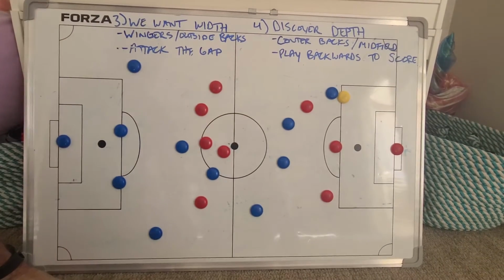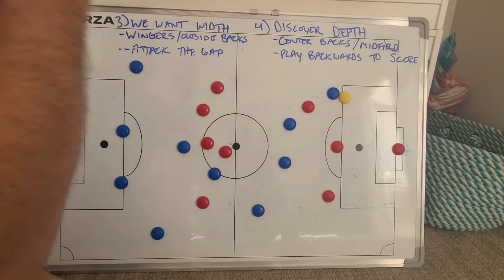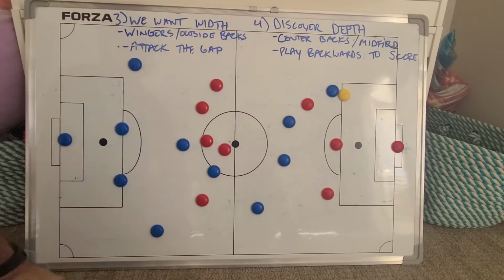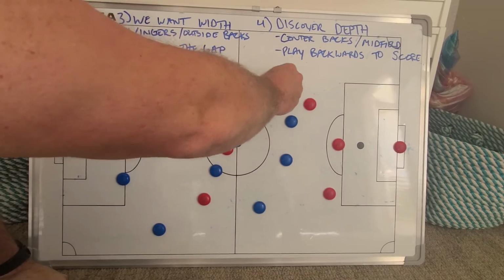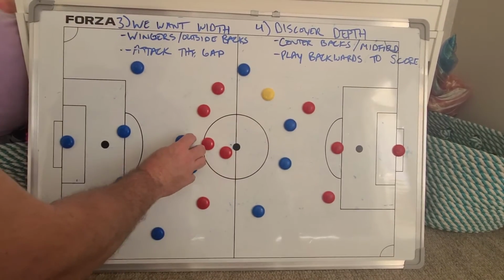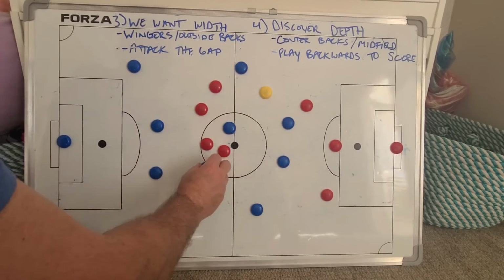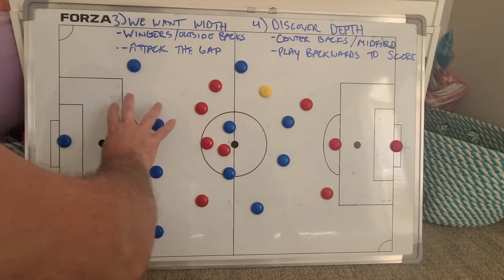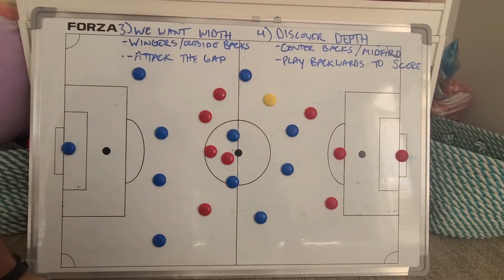Let's talk about depth. We're going to talk about the center backs and the midfielders, as well as playing backwards to score. One of the things that we like to do is create depth. Our center backs and our center midfielders, along with our strikers, form this center piece of the field here.